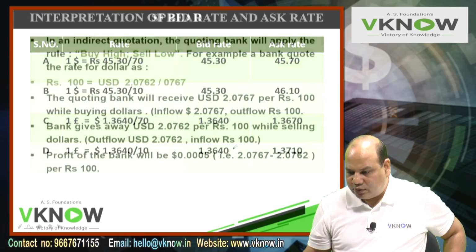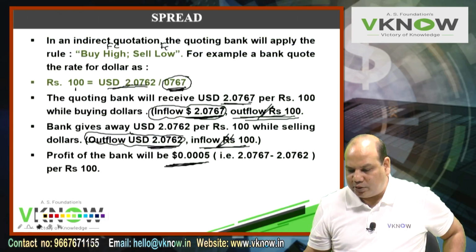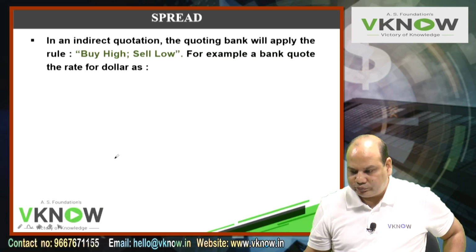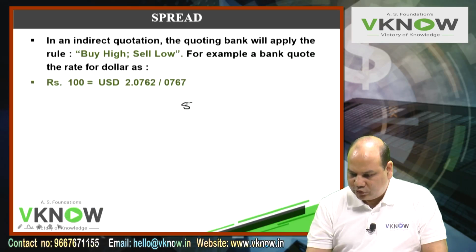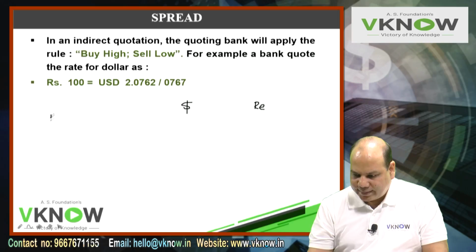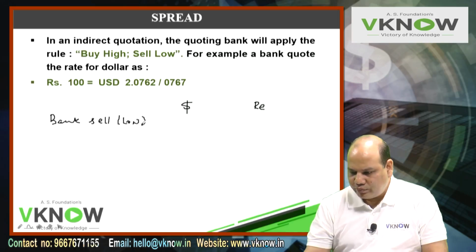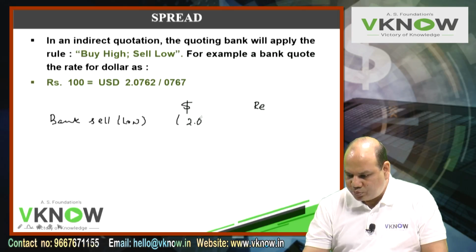Now wait a minute, I will explain with the help of the table which is already given in your book. This is dollar, this is rupees. Bank sells, so sell low. Outflow of dollar 2.0762.